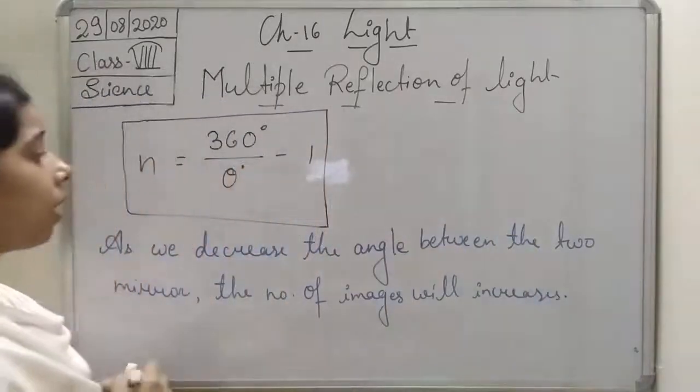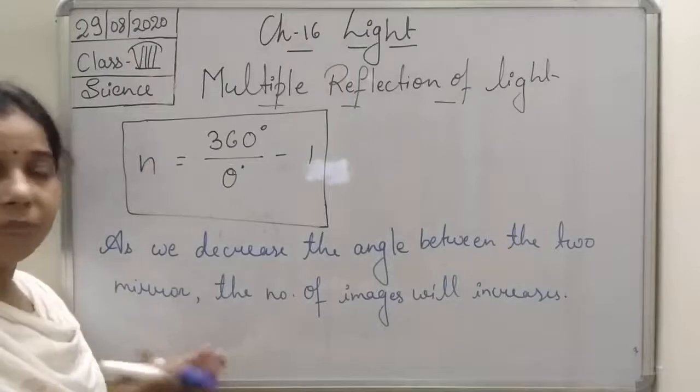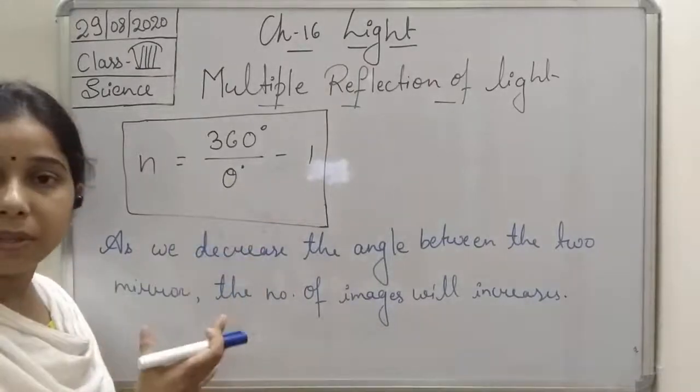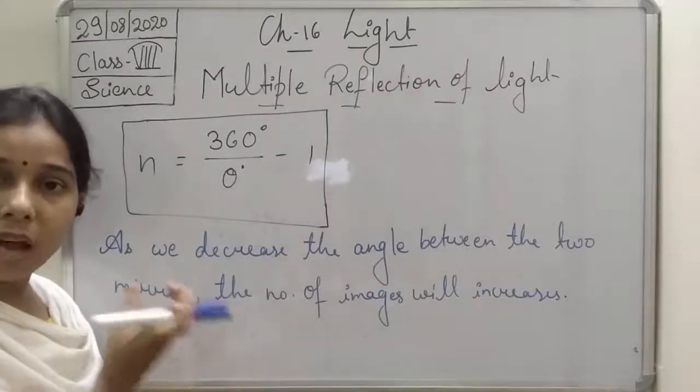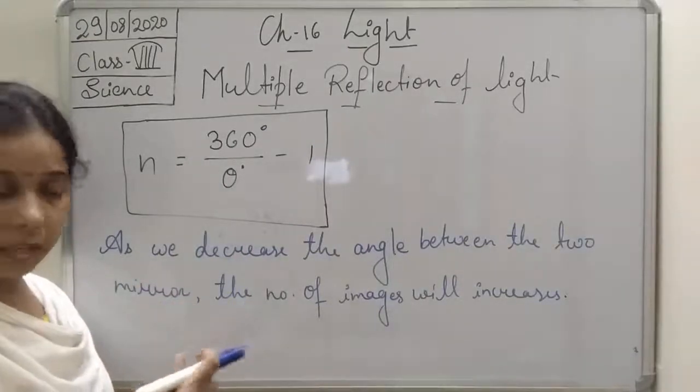So you see here student, as you decrease the angle, the number of images formed by the help of this formula will be more. Okay, so angle decreases, number of images increases.